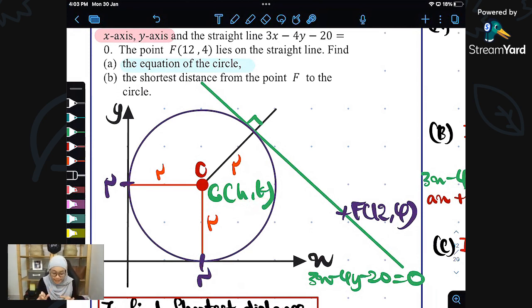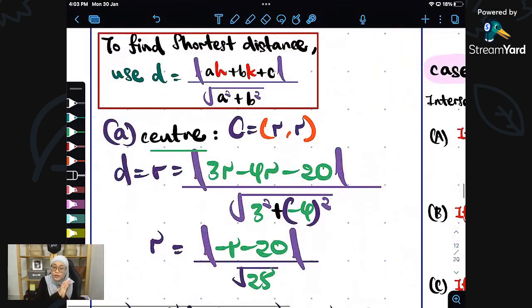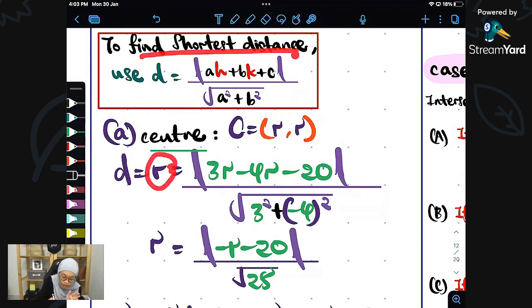Okay, right. So if you understand that already, that it is the value of r there, it means that we need to find the r. So we are going to find the r by using this formula, the shortest distance. This shortest distance has a formula of modulus Ah plus Bk plus C, and then everything is divided by square root of A squared plus B squared.